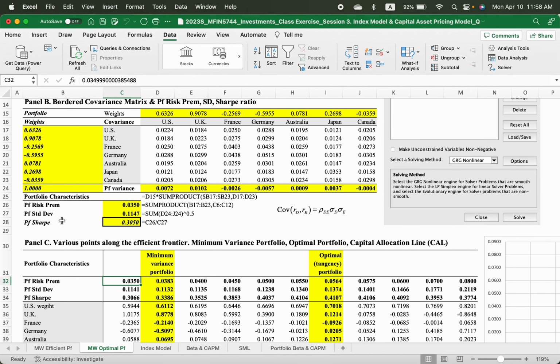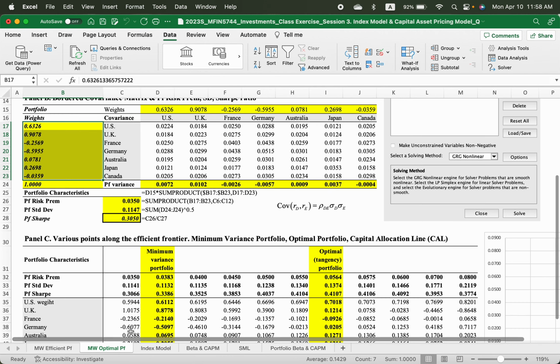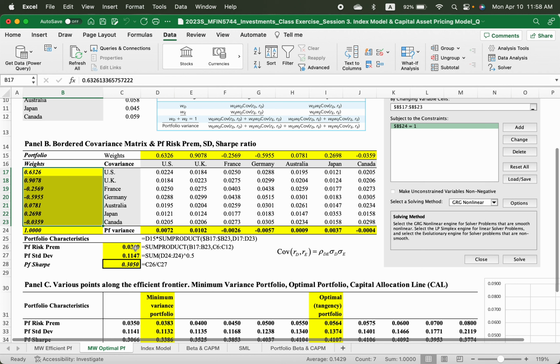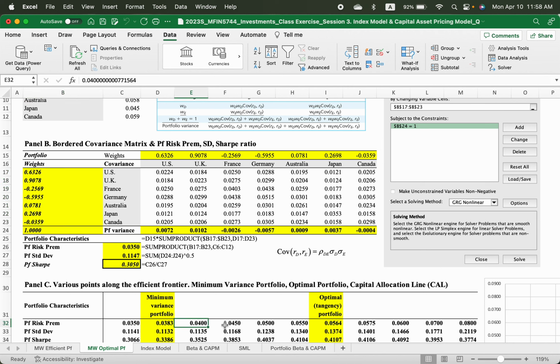And solve. Okay, so here we go, 11 point, slightly different, but this is the weight on the target rate of expected excess return or risk premium. Likewise, you can build all these cases.